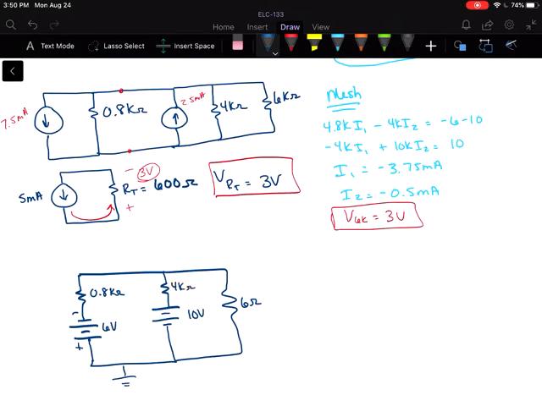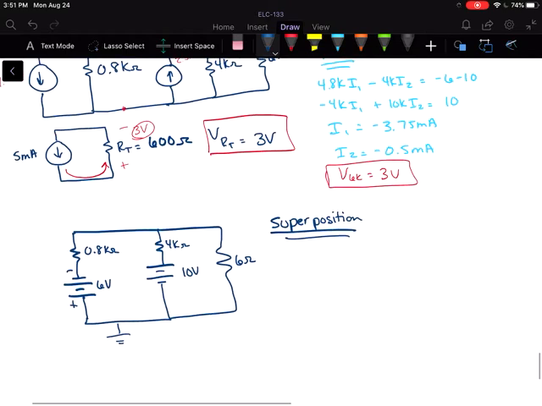Okay, so let's do superposition as well, just because we're practicing all of our circuit analysis techniques on this one problem. So superposition, if I'm looking for the voltage drop here, or actually let's just call it E Thevenin, that's what we're looking for.